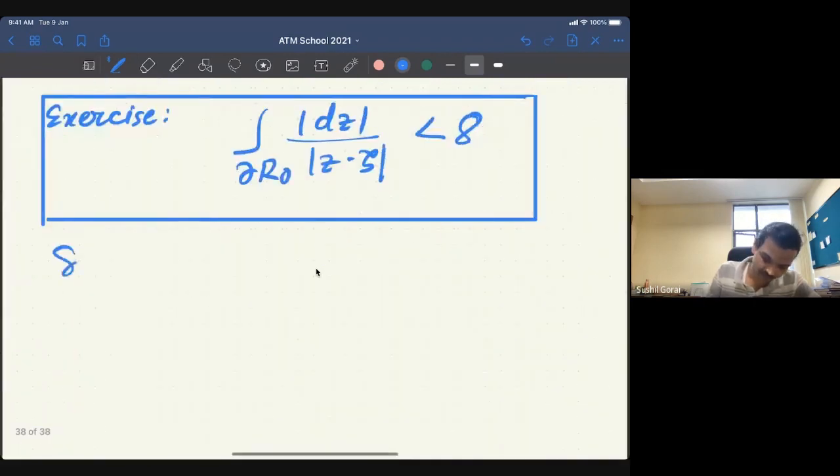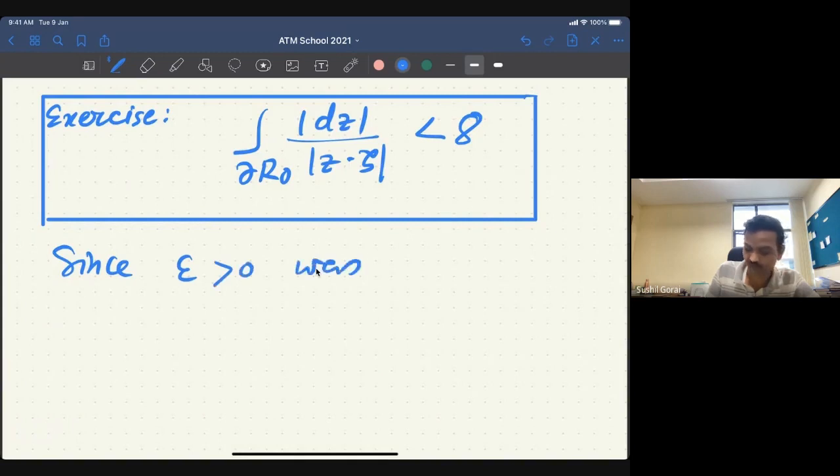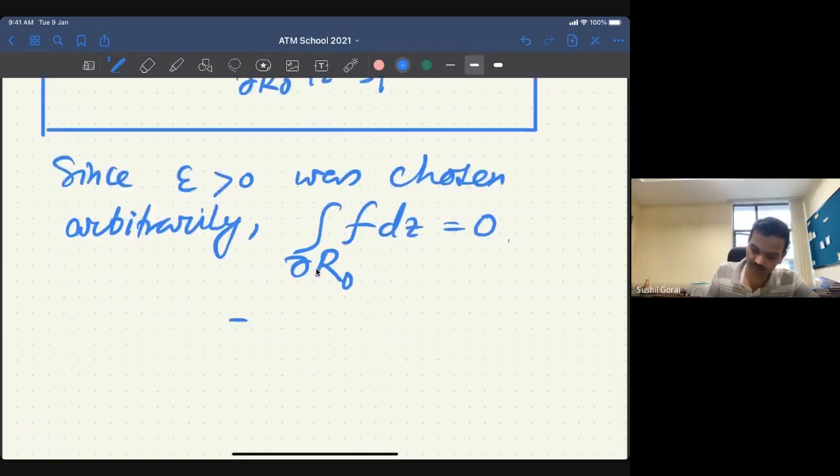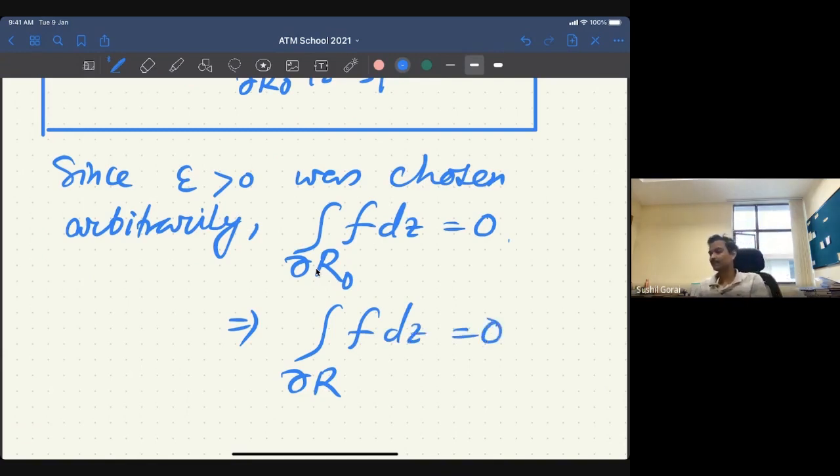And since epsilon was chosen arbitrarily, the integration over boundary of R naught of f dz is 0, and this implies the integration over boundary of R of f dz is 0. All right. Any question here?